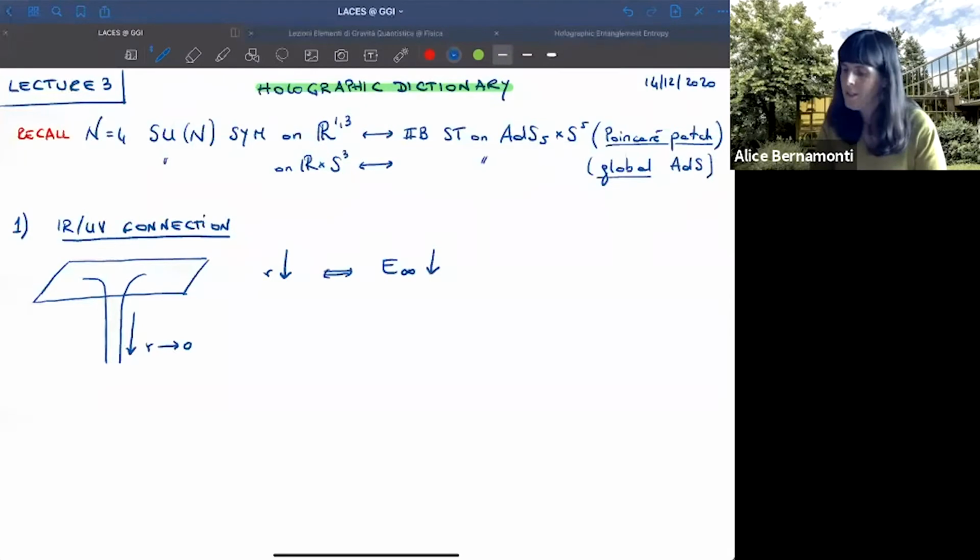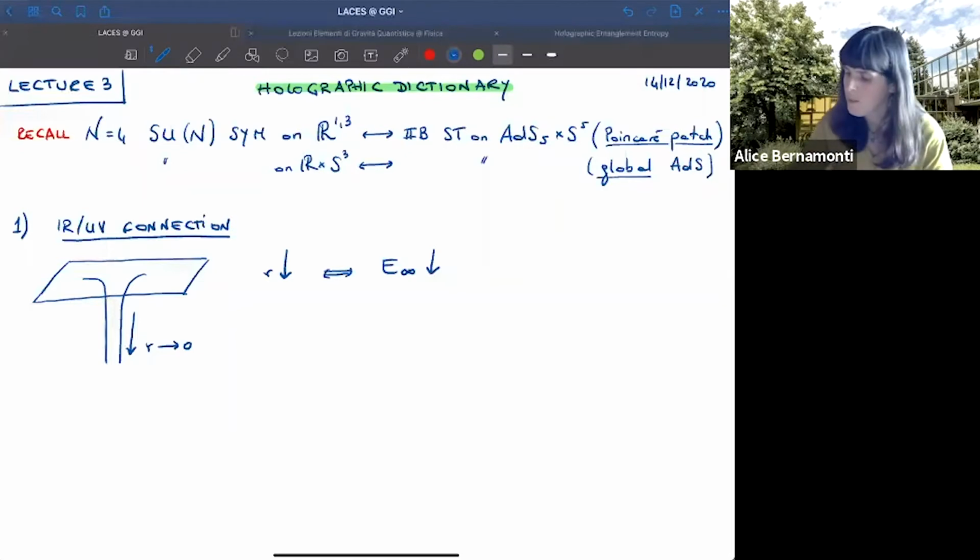So essentially this extra radial direction appearing in the gravitational description is interpreted as the energy scale in super Yang-Mills.